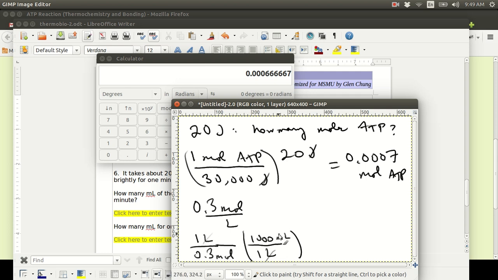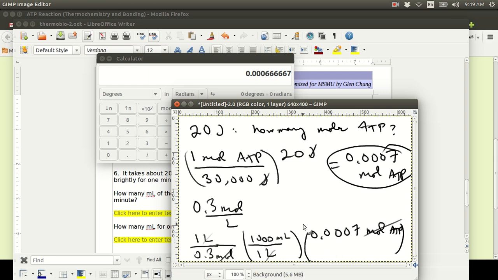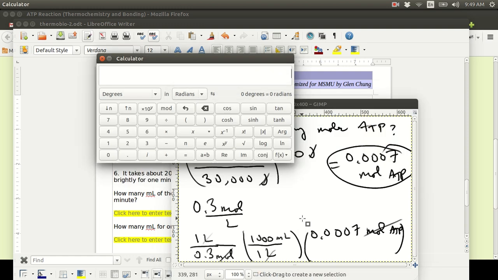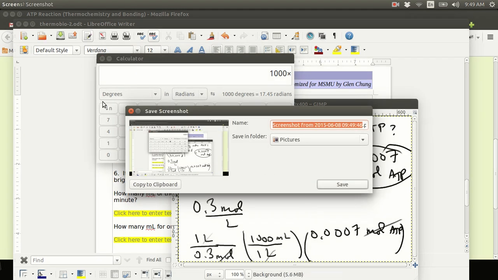Now I have milliliters over moles, but I don't want moles, I just want milliliters. So I'm going to multiply by the number of moles that I just calculated, 0.0007 moles of ATP. And this was 0.3 moles of ATP. So I get my answer, which is 0.0007 over 0.3 times 1,000. Whoops, didn't mean to do that, sorry.